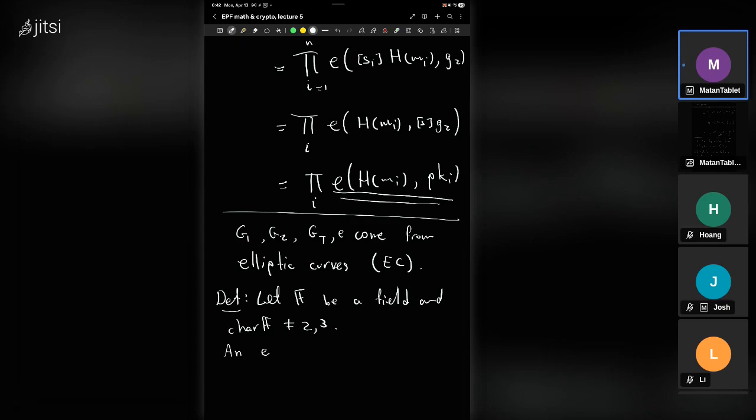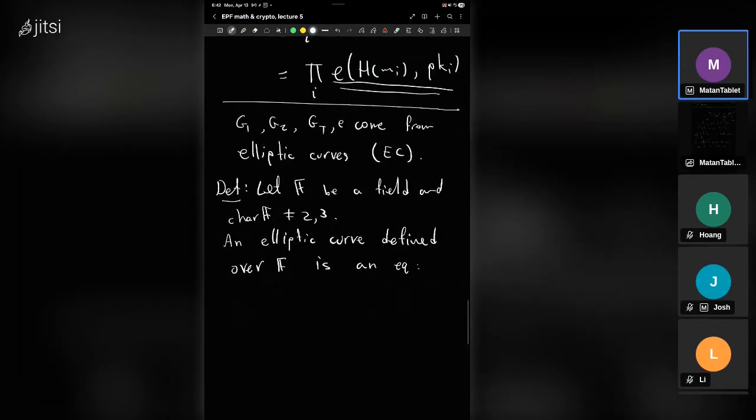An elliptic curve defined over F is an equation, let me write it like this, E equals E_AB.